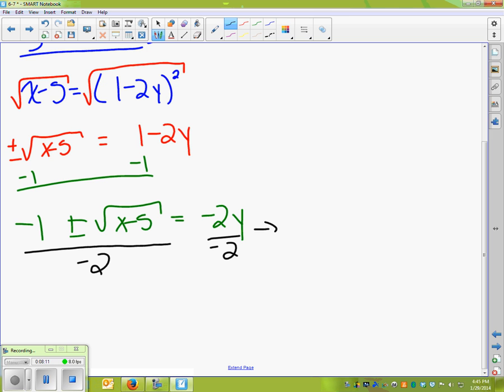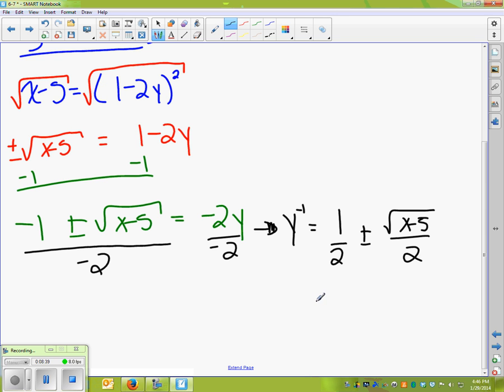So my inverse function, y to the negative 1, is equal to, I'm going to go ahead and simplify the negative 1 with the negative 2, giving me a positive 1. And I can even split my fraction up. I can write it as 1/2 plus or minus square root of x minus 5 over 2.